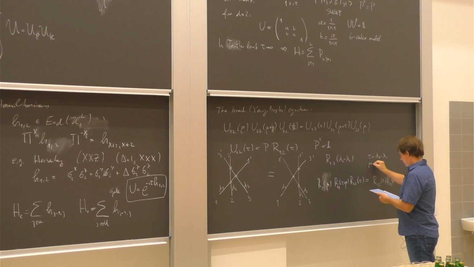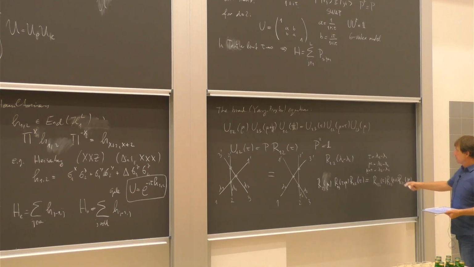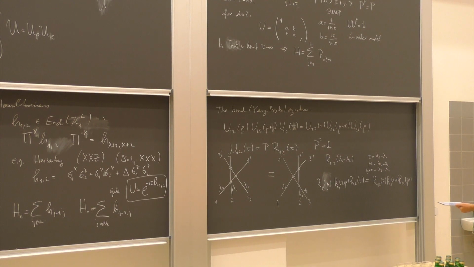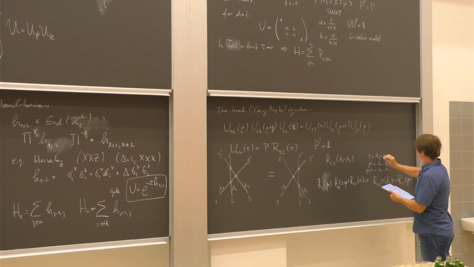Mu is lambda 3 minus lambda 2, and if you add them up, mu plus tau, lambda 2 cancels, it's lambda 3 minus lambda 1. So that's the relative momentum between 1 and 3, this is between 2 and 3, and this is between 1 and 2. Sorry, now there is some problem, this should be 2, 1.